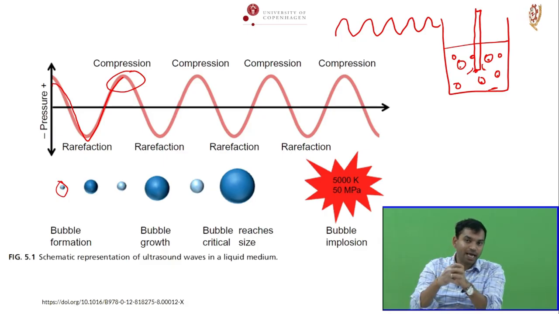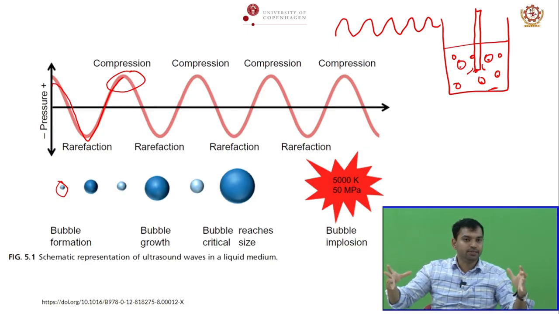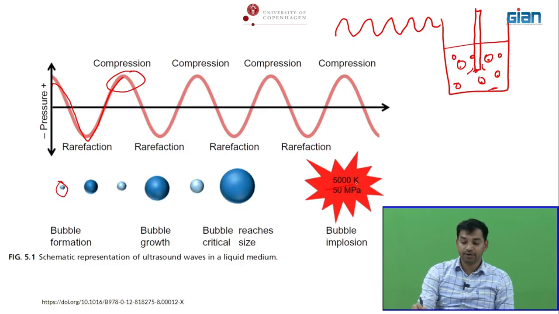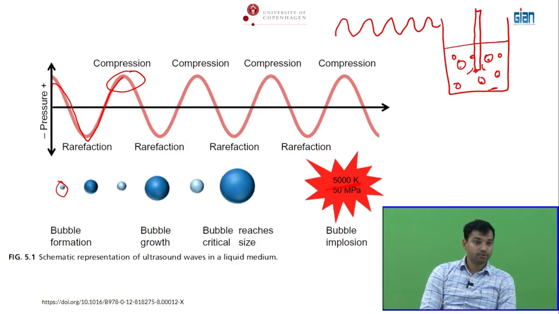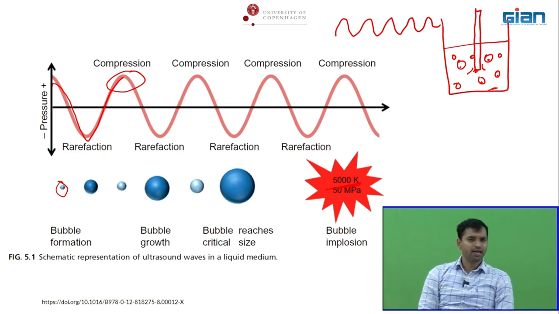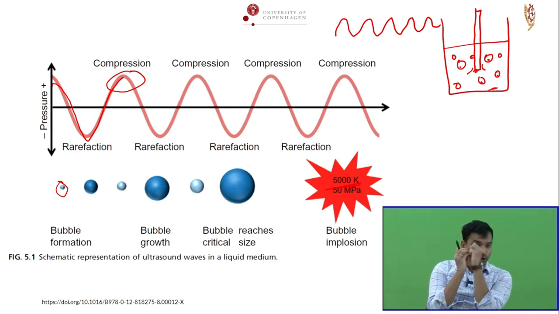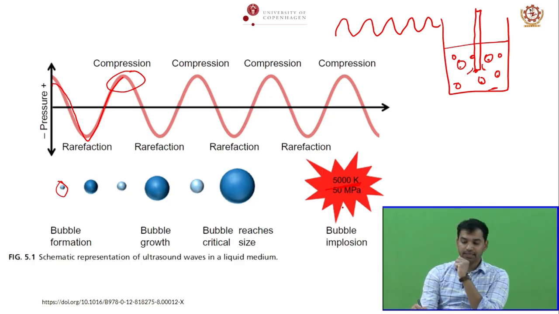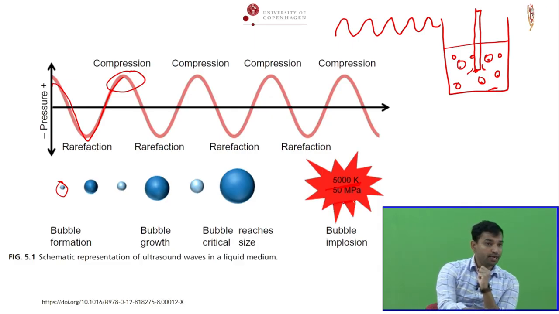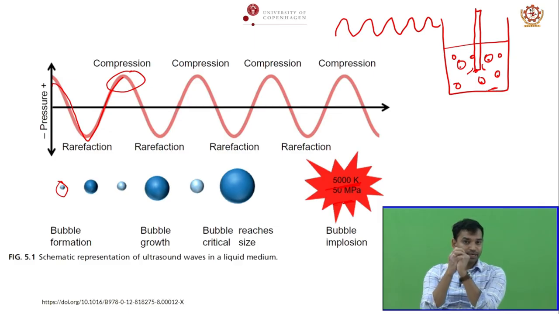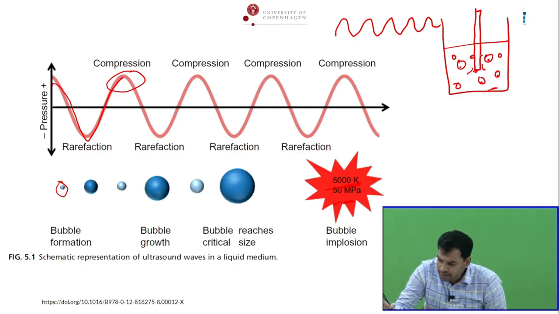When the bubble collapses, it releases energy in the form of heat. And they say that the temperature can reach all the way to 5000 Kelvin, otherwise 5000 degrees Celsius, extremely high temperature, but in a very localized region. And the pressure can be up to 50 megapascals, it's also high pressure. Now you create a high pressure and temperature right next to the probe.